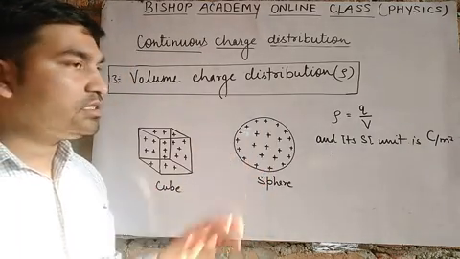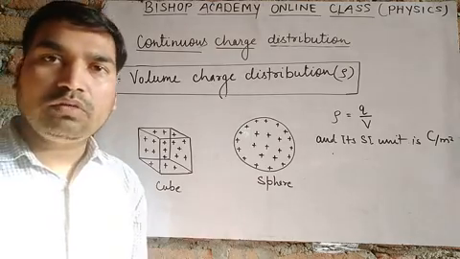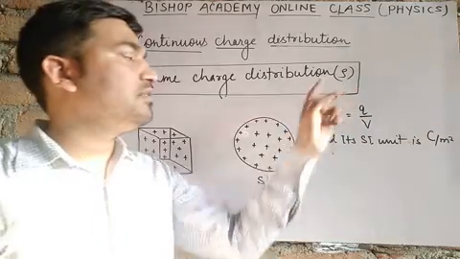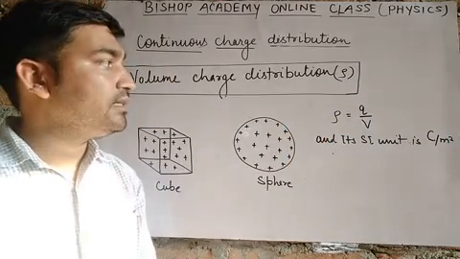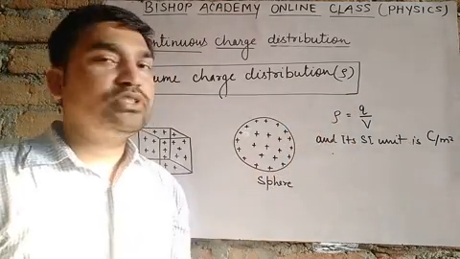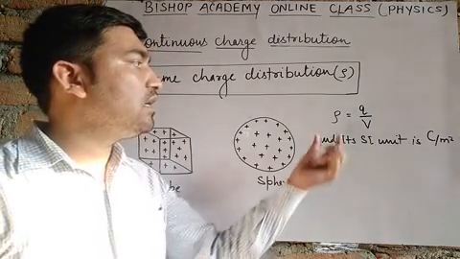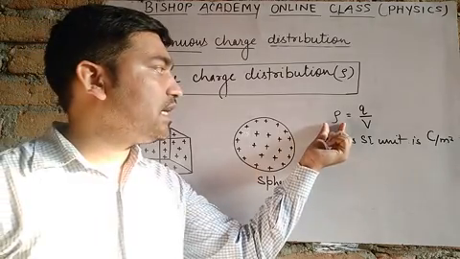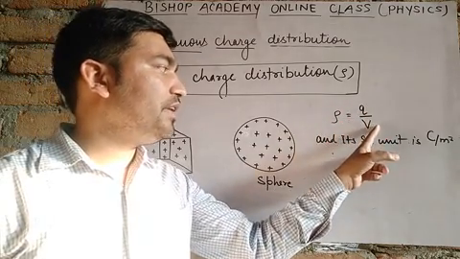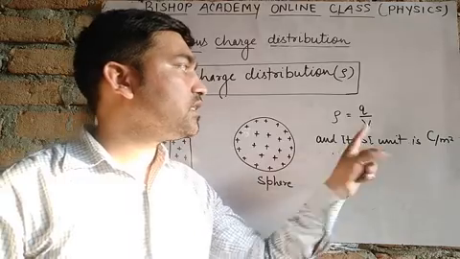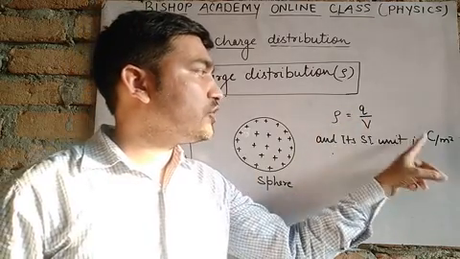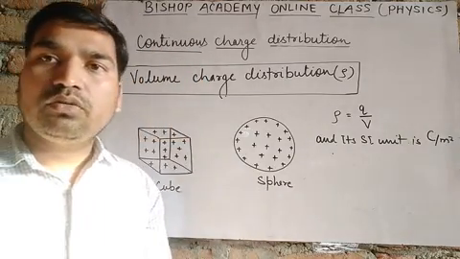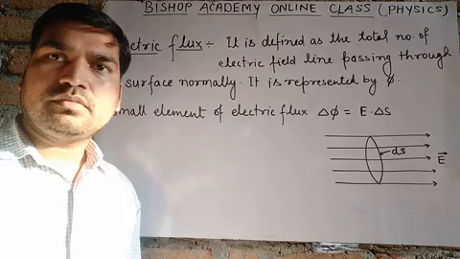When the charge is spread uniformly over the whole volume, we have to calculate volume charge distribution, which is defined as the charge present per unit volume, and mathematically it is written as rho equals q upon V. The SI unit of charge is coulomb and volume is meter cube, so its SI unit is coulomb per meter cube.